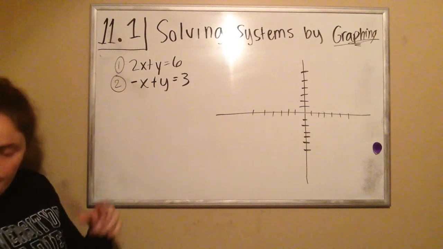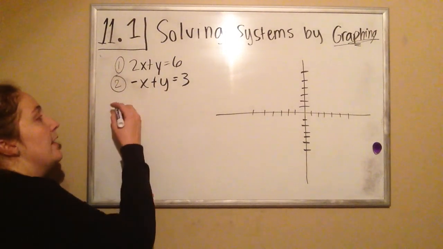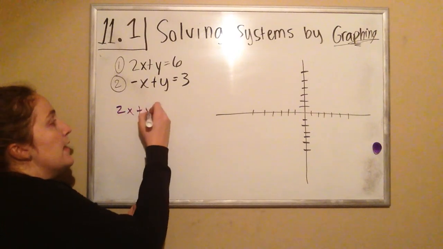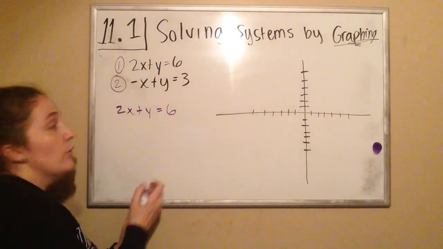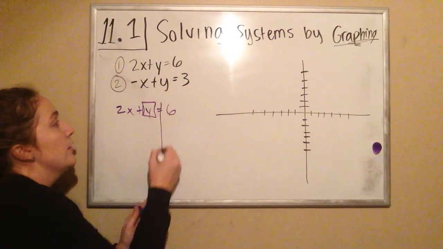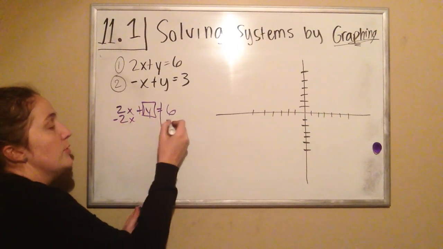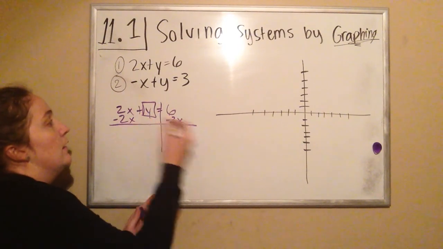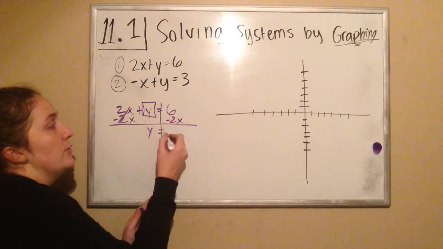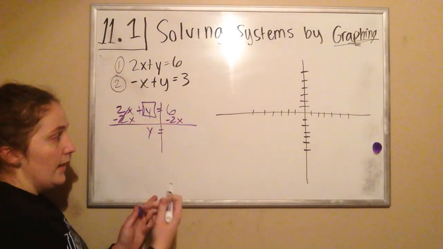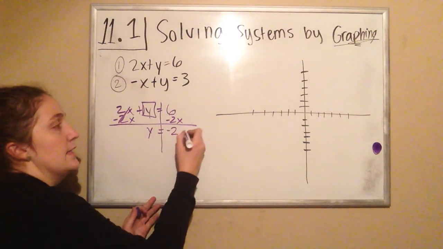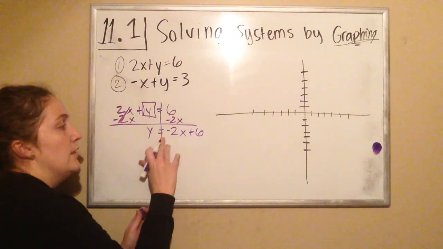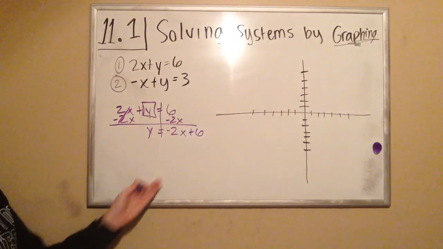So in number 1, we have 2x plus y equals 6. In order to get the y by itself, we need to subtract the 2x from both sides. And we get y is equal to, we cannot combine those, they do not go together, but we'd like to list the x first. So we get negative 2x plus 6.